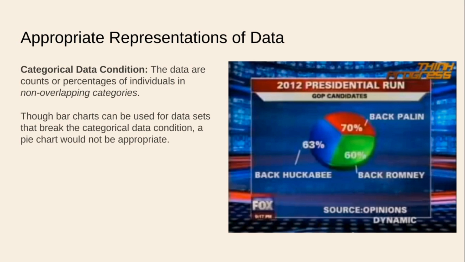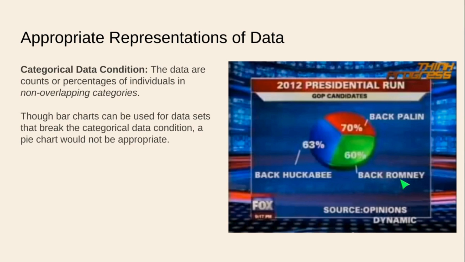You can have a bar chart that displays data relating to categories that overlap, like what we have going on here. What we have is a political analysis of the 2012 election. You have Sarah Palin, Mitt Romney, and Mike Huckabee. You can, in theory, back more than one candidate. You could, in theory, back Huckabee and Palin. You could, in theory, back Palin and Romney.